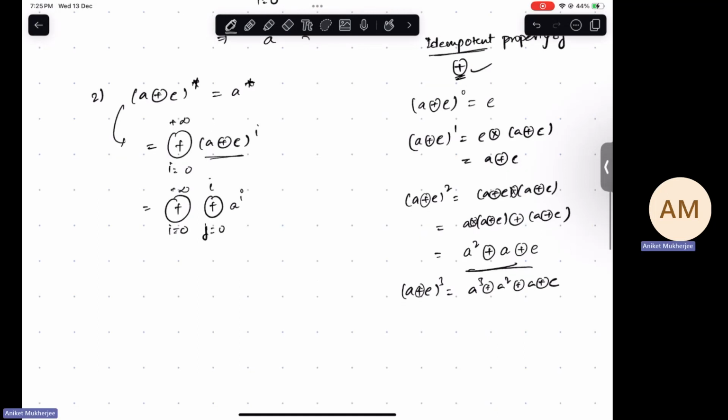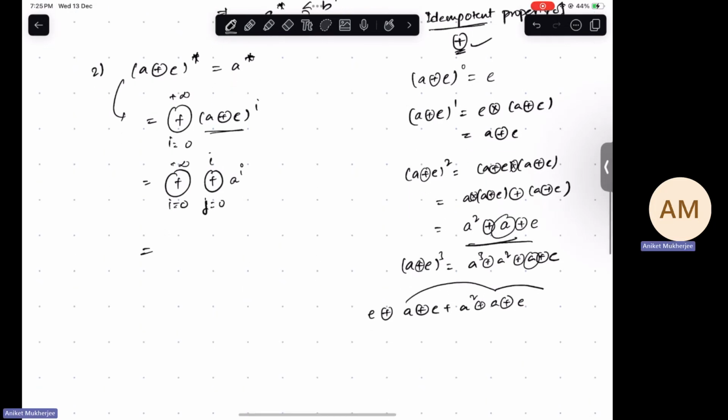So basically what you're doing here is E plus (A plus E) plus (A^2 plus A plus E). Now again, using the idempotent property over all the A's that each and every term would have, I can just write this as the sum over i equal to 0 to plus infinity of A^i, right? All the A's would just boil down to a single A, all the A squares will boil down to a single A square, and so on. This is basically the definition of A star.